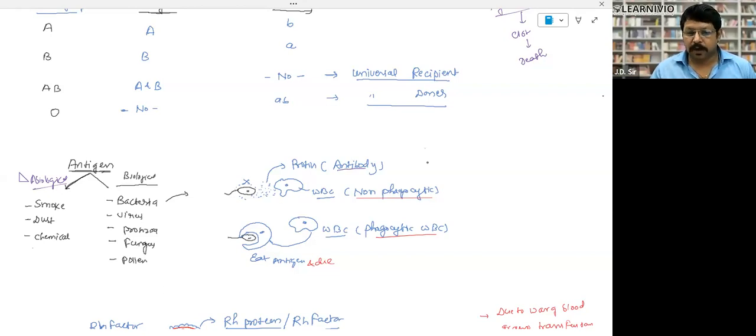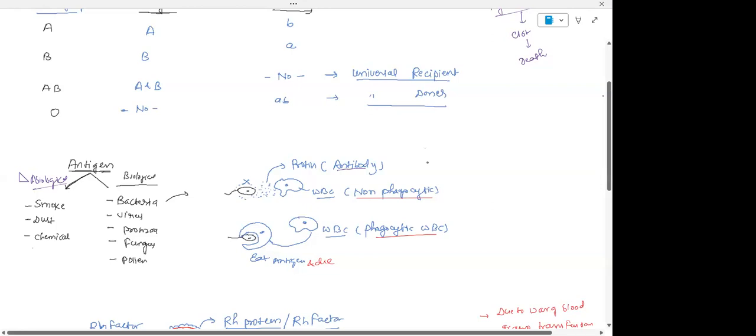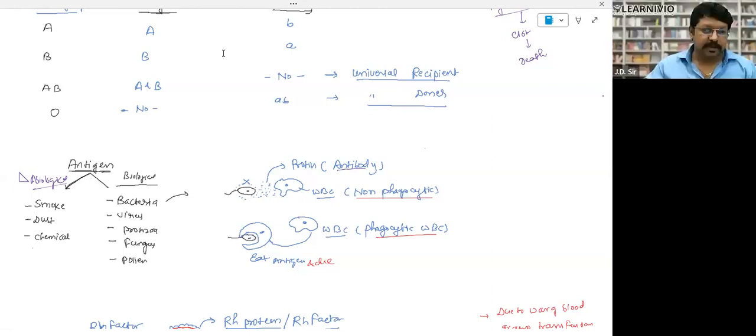Antibodies are a type of protein secreted by our WBCs, and they remain dissolved in the blood for some months or even years. Whenever they come in contact with any bacteria or other antigen, they kill these antigens. That is their function.